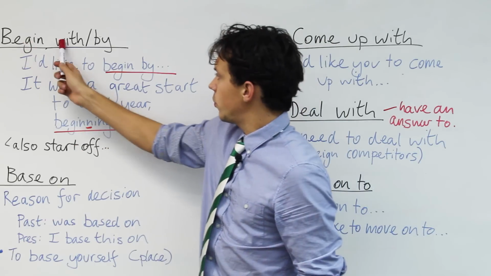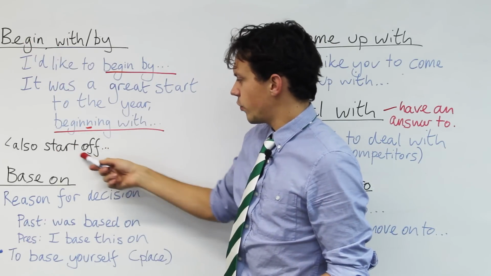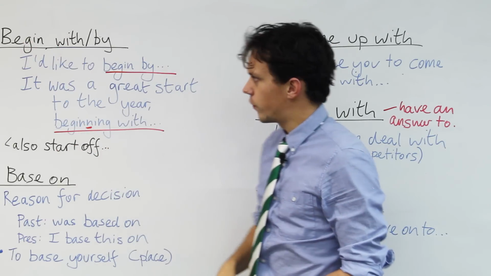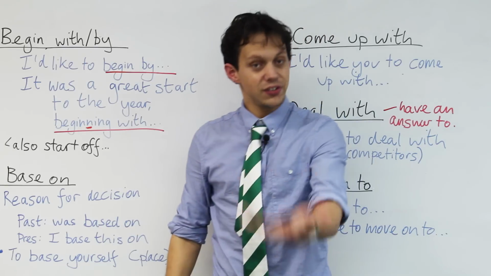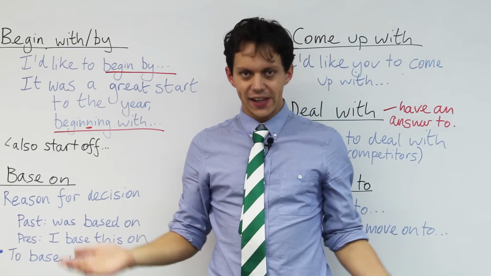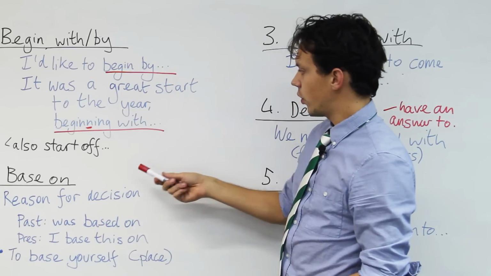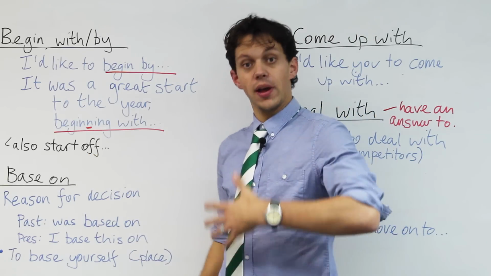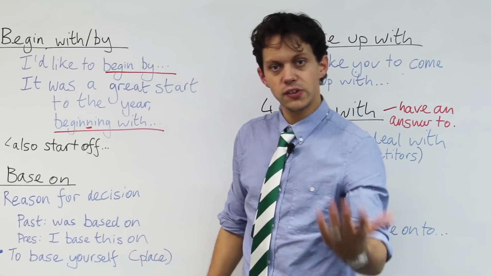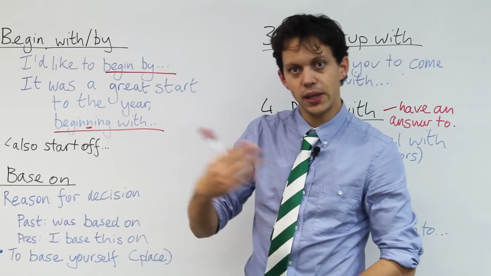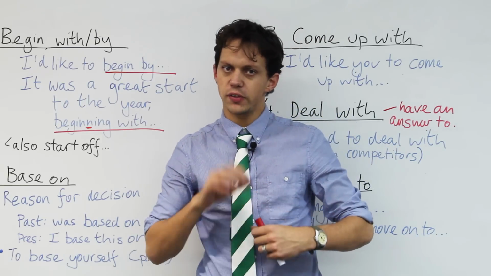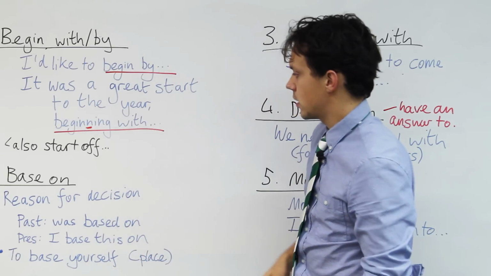So begin with or by, it kind of also works with start off. So I'd like to start off by thanking you for coming to engVid today. Start off with, start off by. Begin with, begin by. Great ways for starting a presentation.